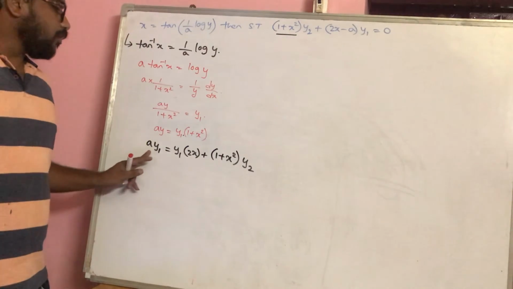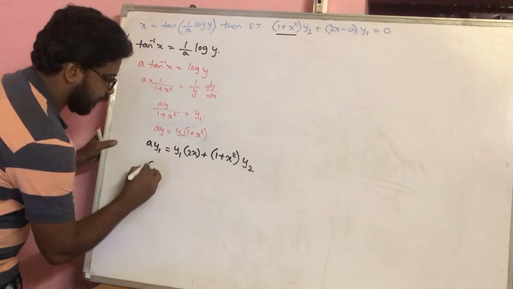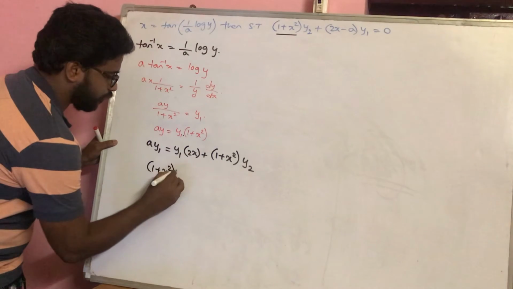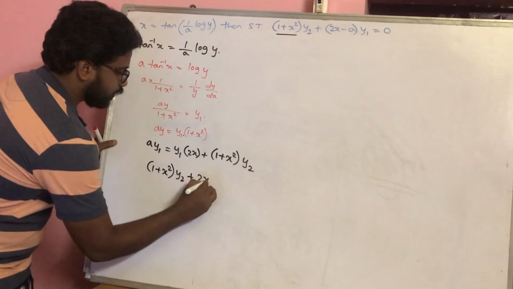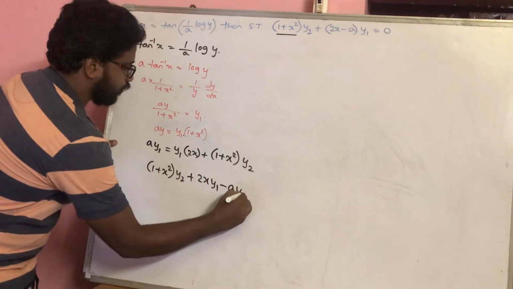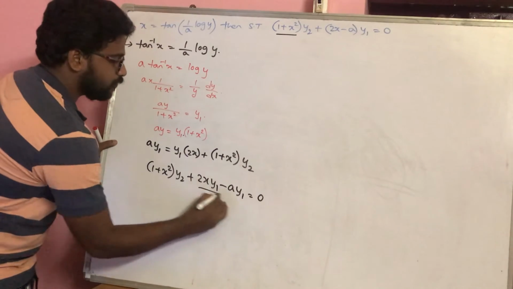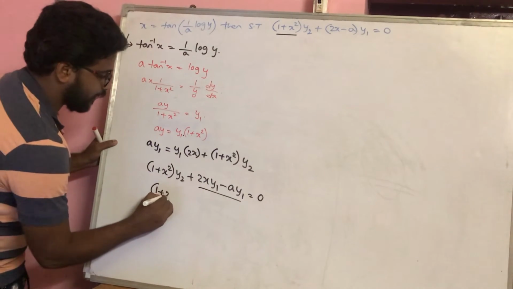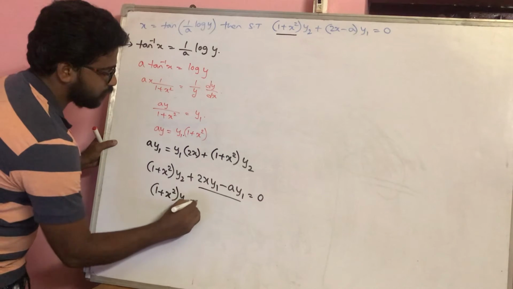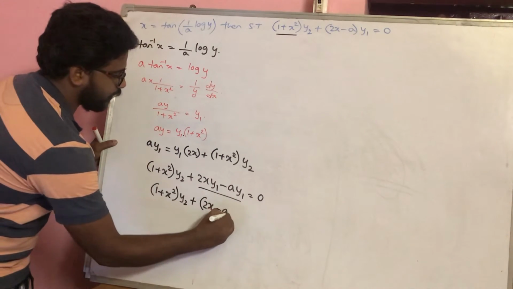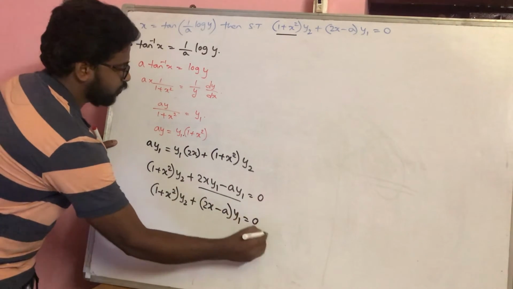Now we bring all the terms to one side, so I get 1 plus x square y2 plus 2x y1 minus a y1 is equal to 0. From these two terms, y1 can be taken as common: 1 plus x square y2 plus 2x minus a of y1 is equal to 0.